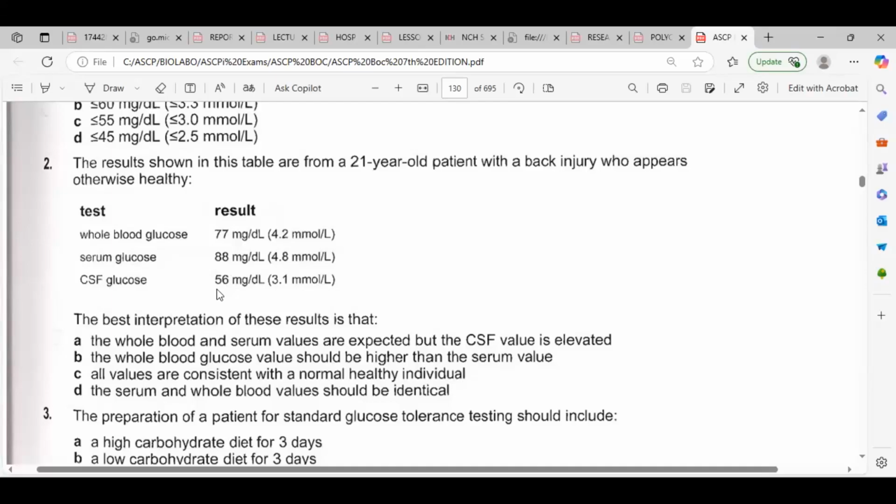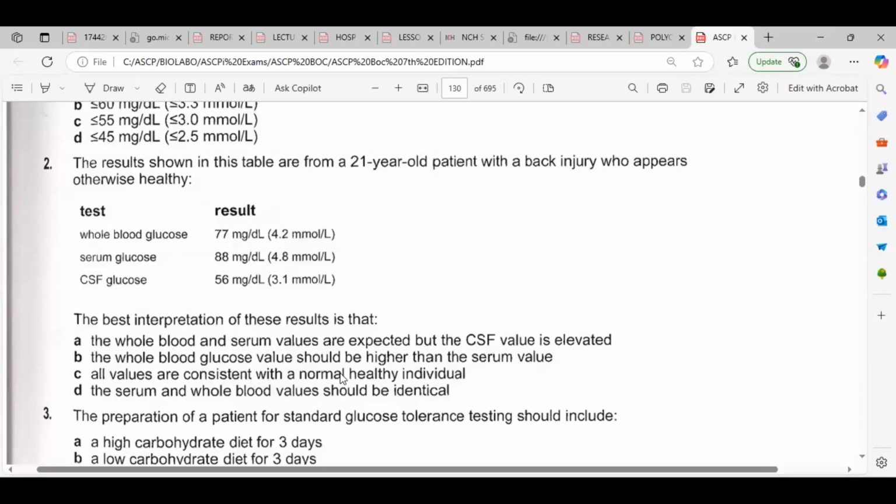You can see this is serum 88, CSF 56. So which is approximately around 60 something, around 70% of the serum glucose. All values are consistent with normal healthy individuals.